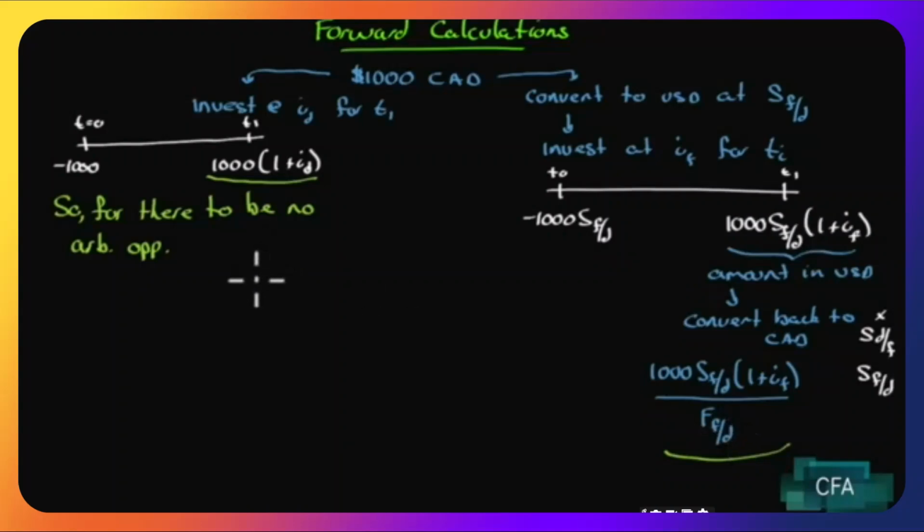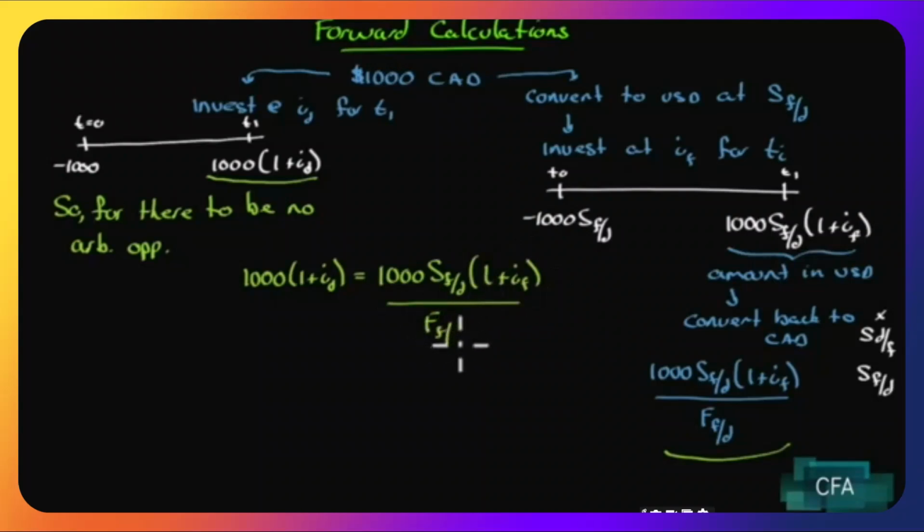So in other words, what we're saying is that 1,000, 1 plus I, D, must equal 1,000 converted into US dollars, growing at that rate, converted back to Canadian dollars, must be equal. Those two sides must be equal.